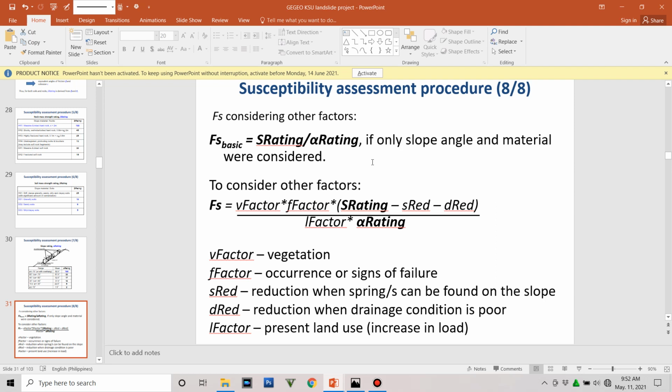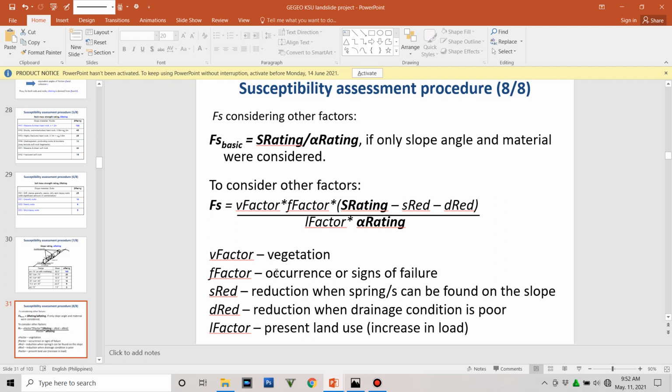So this susceptibility assessment will be extended to a consideration of some other parameters like the vegetation factor and the frequency factor. The frequency factor is the occurrence of the sign or signs of failure. So as you can see here in the expression, it is being multiplied to the numerator, okay? Because vegetation also contributes to the stability of the slope.